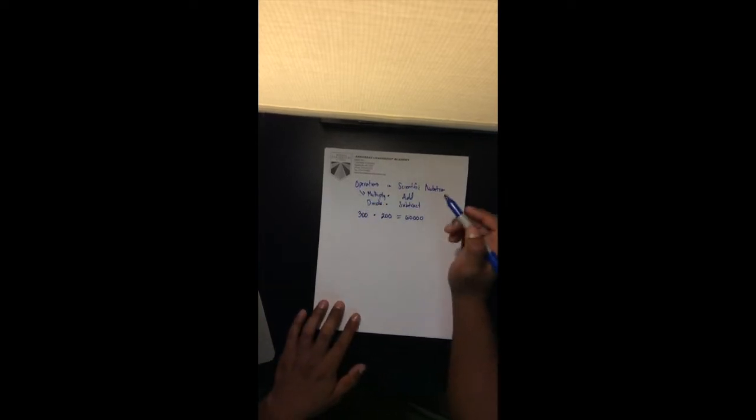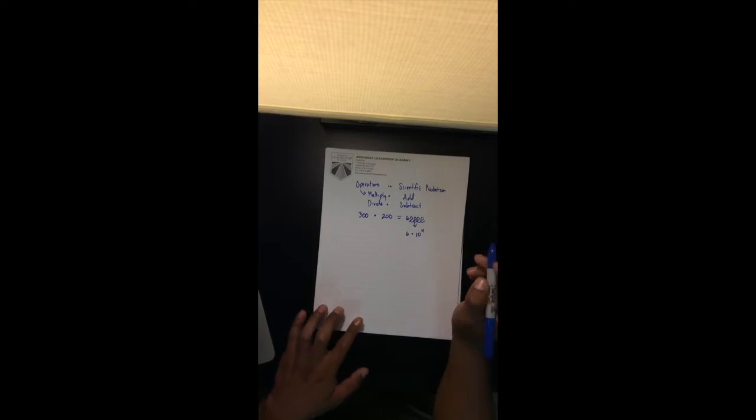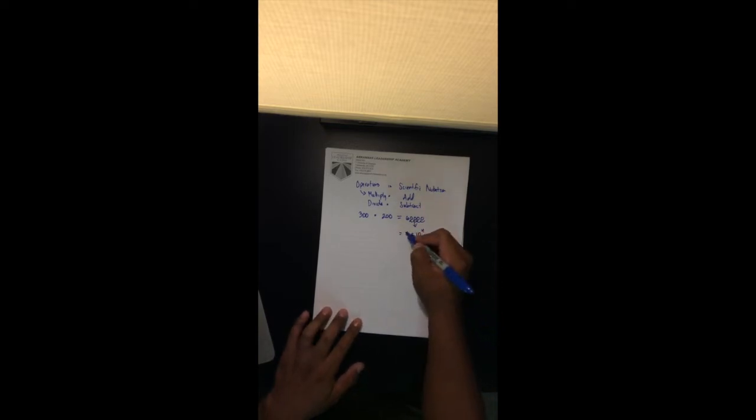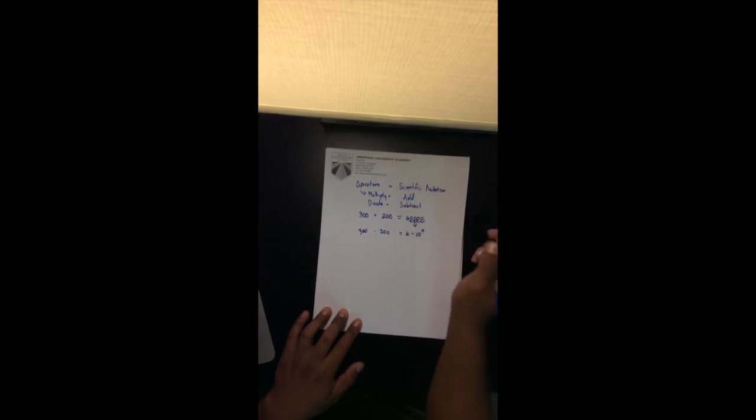We can convert this to scientific notation. All we have to do is move the decimal place between 1 and 10. So 1, 2, 3, 4. So it's going to be 6 times 10 to the 4th power. Pretty easy, right? That's coming from 300 times 200, and we get 6 times 10 to the 4th.